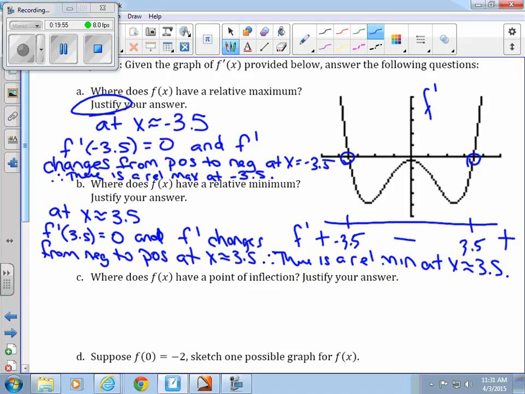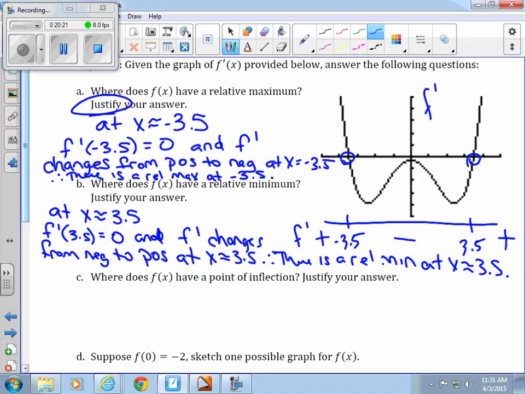We're given f prime. So I'm looking for the slope of f prime to do what? Equals 0 and change signs. Right? Remember that question on the homework: is this guaranteed to be a point of inflection when the second derivative equals 0? We said no, because we have to know the sign changes. So I'm looking for the slope to change signs.